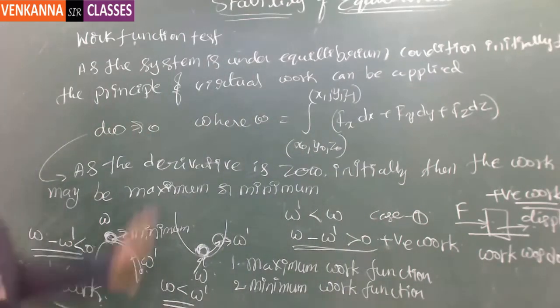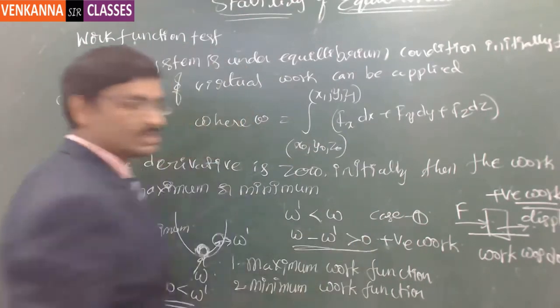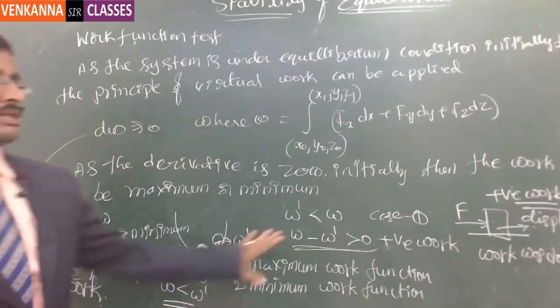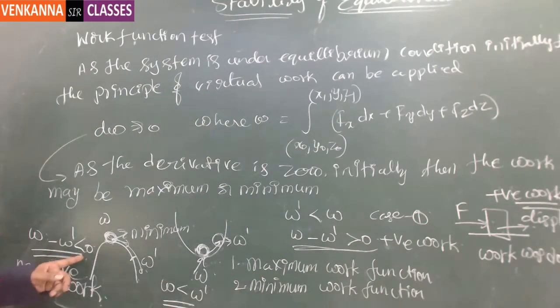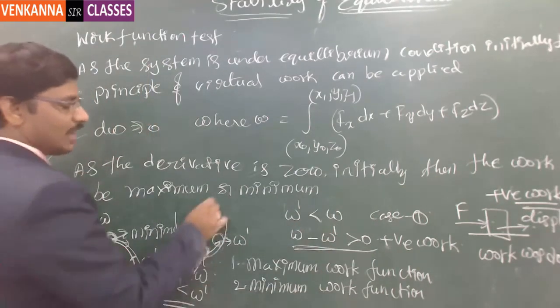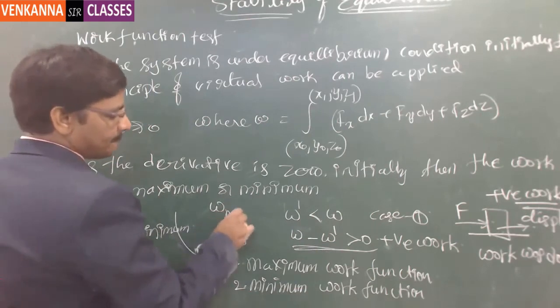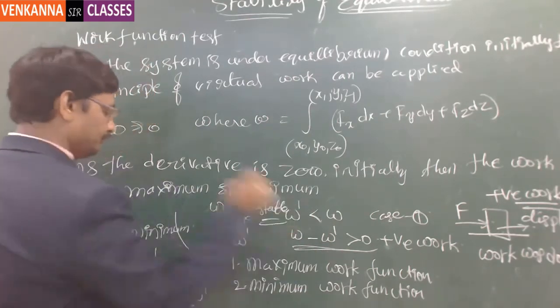So, based on this understanding, if W minus W dash is greater than 0, which is a positive work, then it is the stability under equilibrium condition. If W minus W dash is less than 0, this is under unstable equilibrium condition, where we have the negative work. That means from these two scenarios, we can conclude that if W is the maximum work function, then it is stable. Otherwise, it is unstable. Got it?